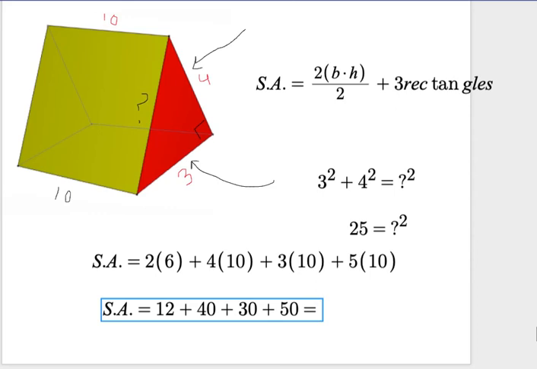I've got 52 plus 80, and that looks to be 80 plus 52, 132. And that again would be considered square units depending upon what units I were to use.